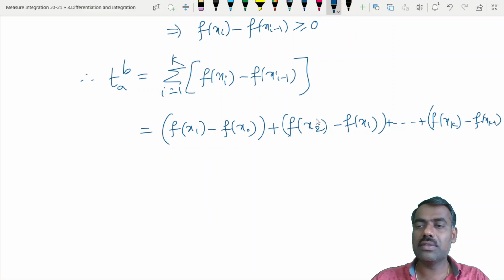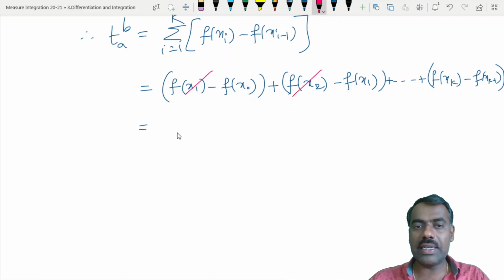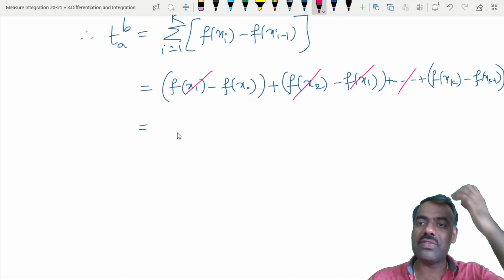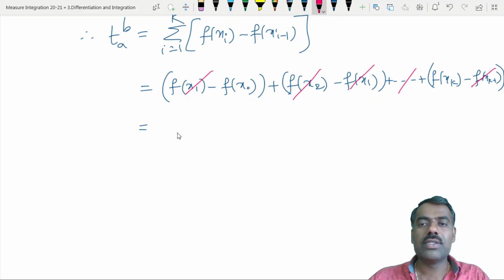Is this clear? Now you see that many terms will get cancelled. This f of x1 will get cancelled with the next one, then f of x2 will get cancelled with the next one and so on. Everything will get cancelled with the previous one. So what are the only terms remaining?